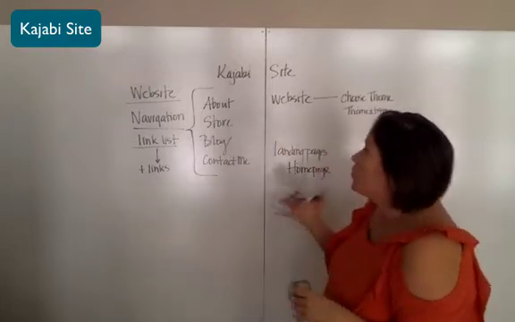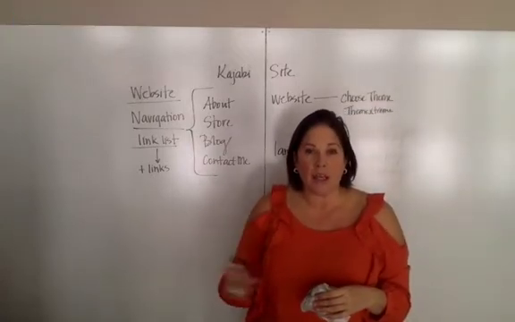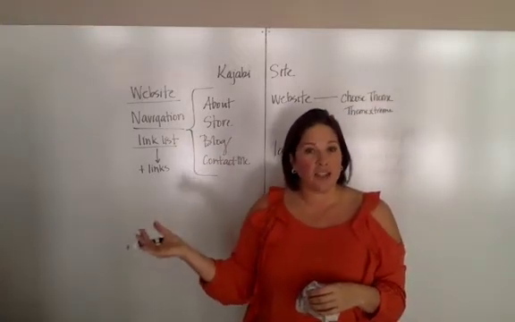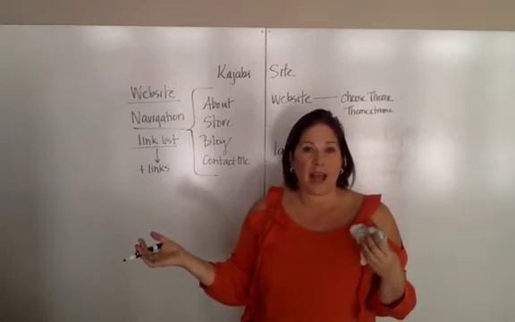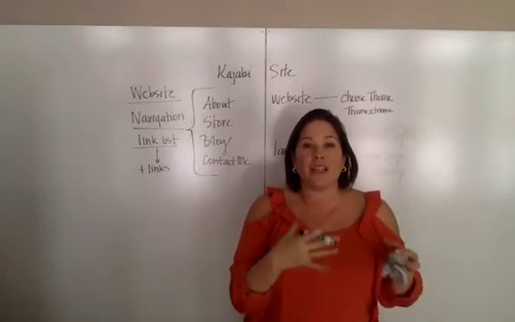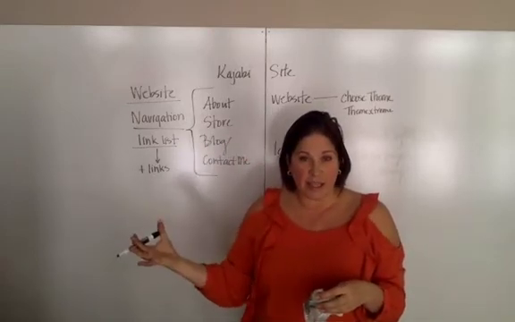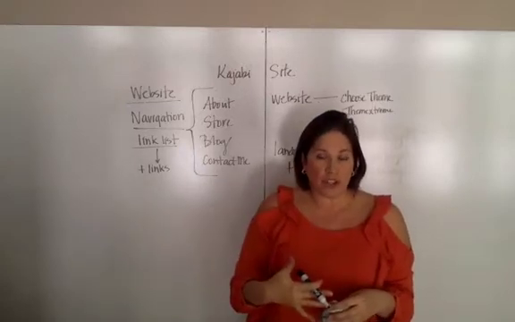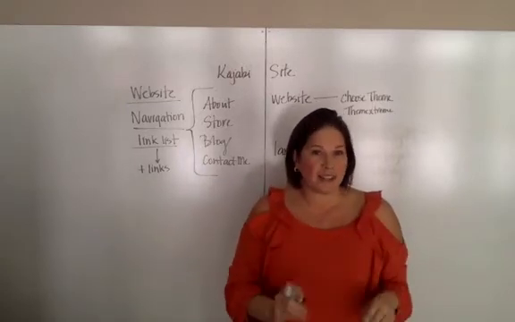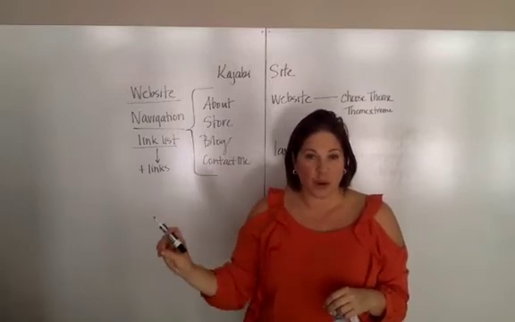So those are the 3 ways to use your Kajabi site. 1, you have a non-Kajabi site and you're using Kajabi as your content management system. You're building the library. Second way, you have your non-Kajabi site, but you want to use more features besides just the library for servicing your prospects and your customers.